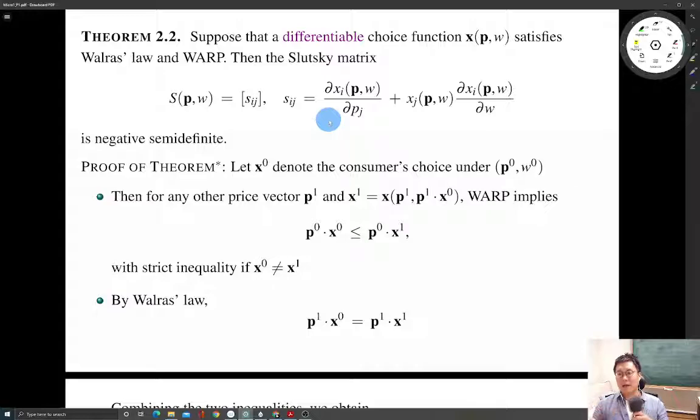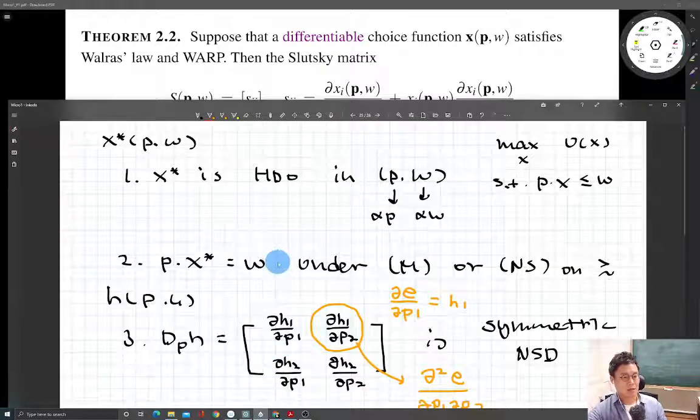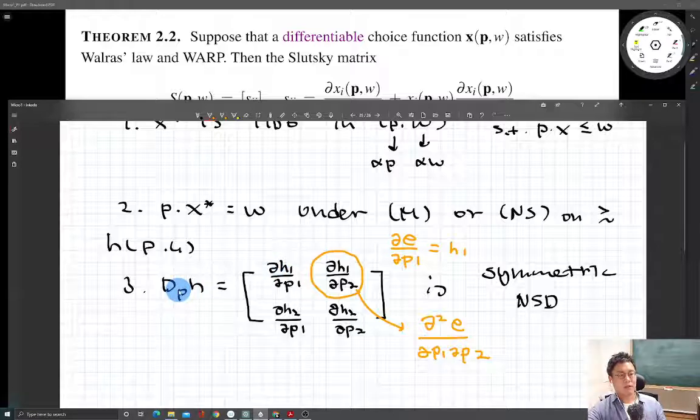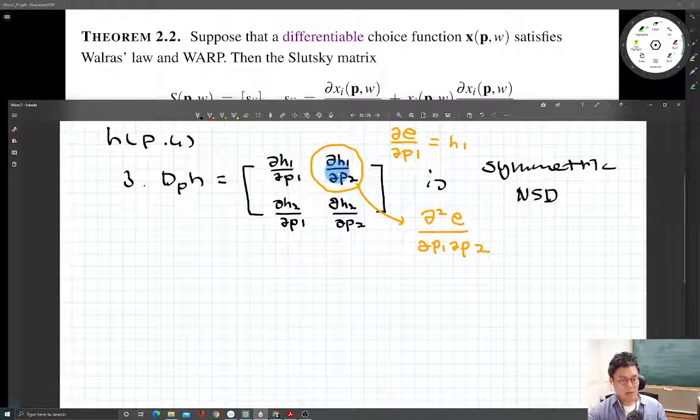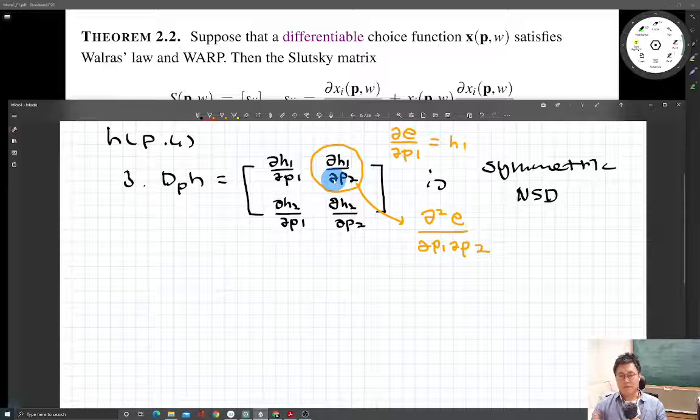Then how do we define the Slutsky matrix? Previously, we defined the Slutsky matrix as the derivative matrix of the Hicksian demand. But without the Hicksian demand, how do we define it? The idea comes from the Slutsky equation. Each entry in this Slutsky matrix stands for the substitution effect.